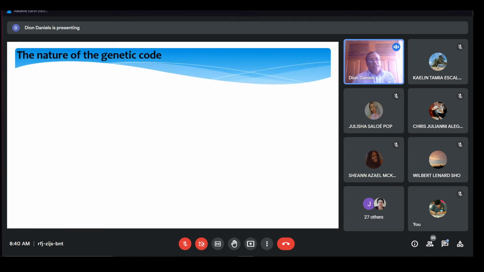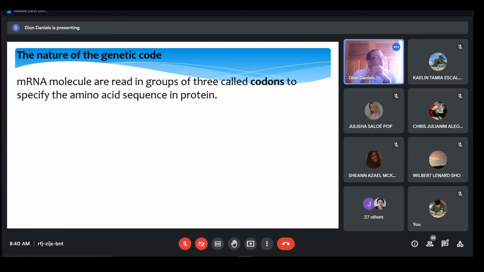Let's take a look at the nature of the genetic code. Messenger RNA molecules are read in groups of 3 called codons to specify the amino acid sequence of a protein.